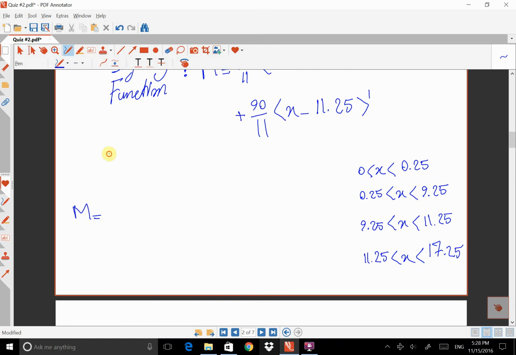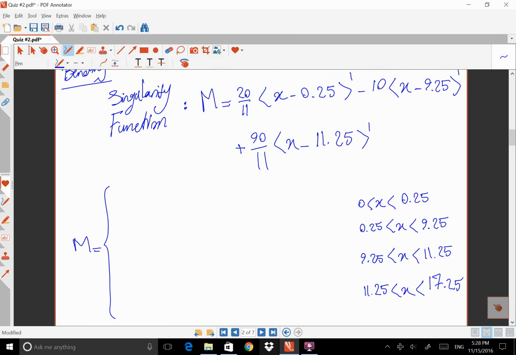Okay, that's better. In the first region, if I pick any number between 0 and a quarter and put it in all these brackets, they all will be negative and they all will be 0. So for the first region, the moment is 0.